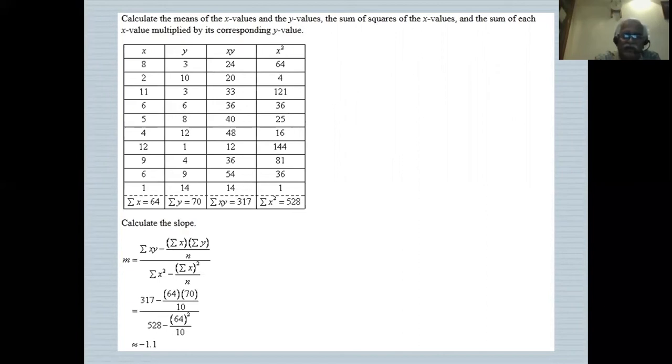Divide by n, 10 values are there, so 10. And xy is 317. So 317 minus 64 into 70 by 10, divided by x square 528 minus 64 square by 10. So you get m equal to 1.1. This is the way you have to find the slope.